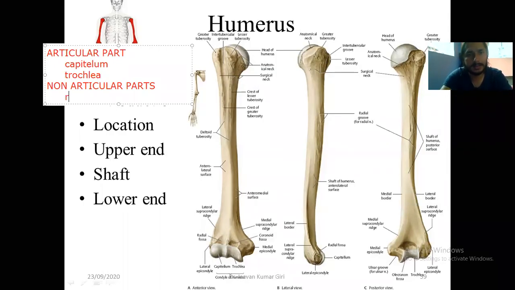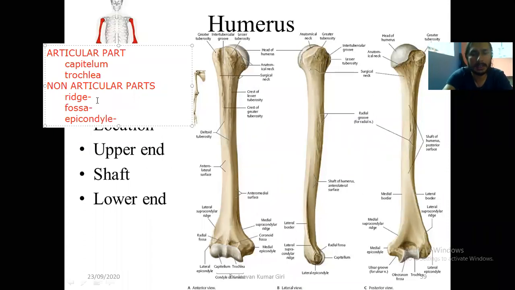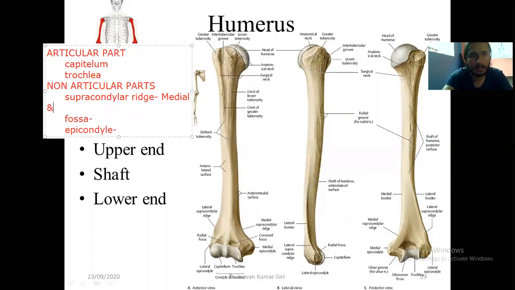Then the non-articular part, you will see various things here. You will see the ridges, the fossae and the epicondyles. The ridges are the supracondylar ridges, two of them, medial and lateral.